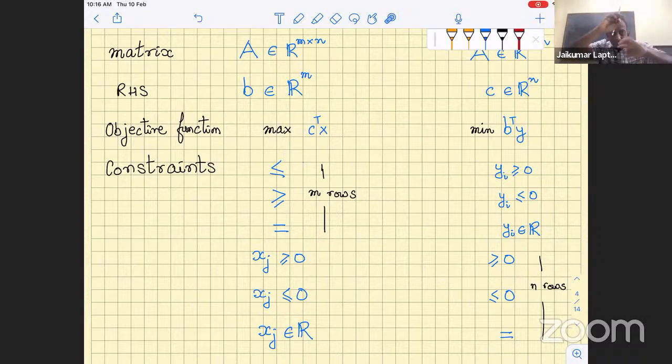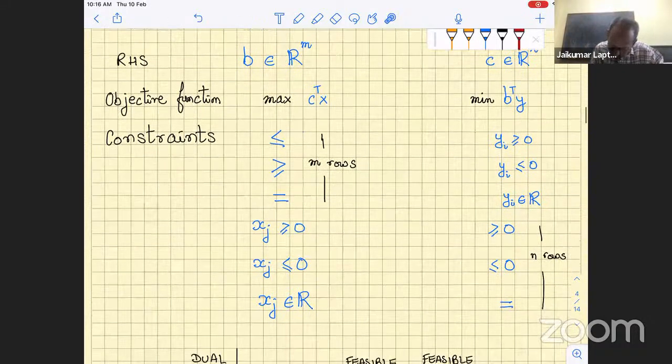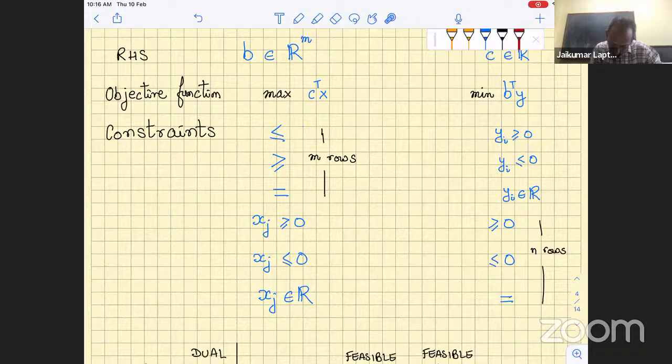Now, if your variable is non-negative, then the sense, the left-hand side of the dual must, what am I saying? Made a mistake. So the equations you have to write as greater than or equal to.